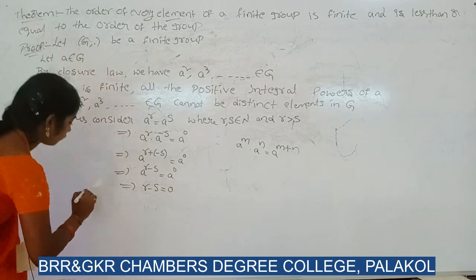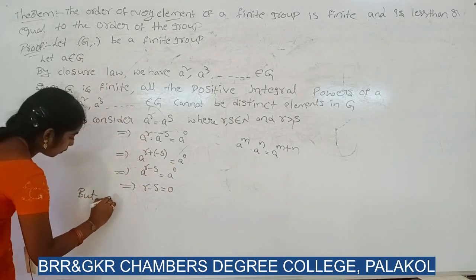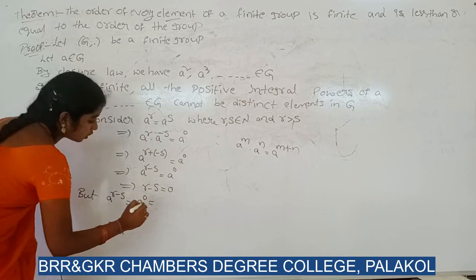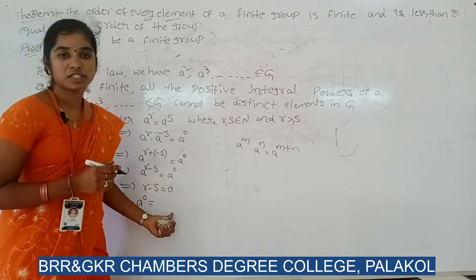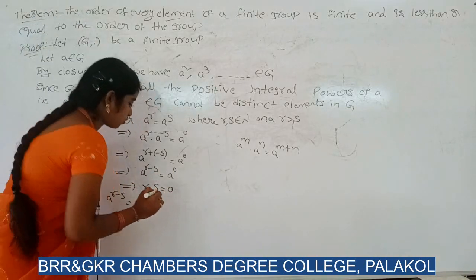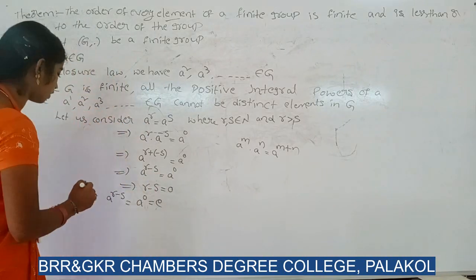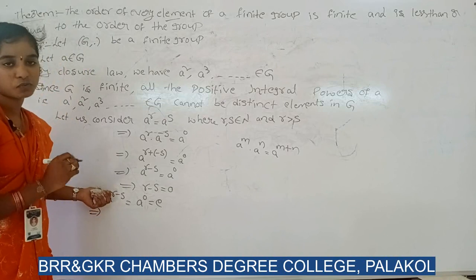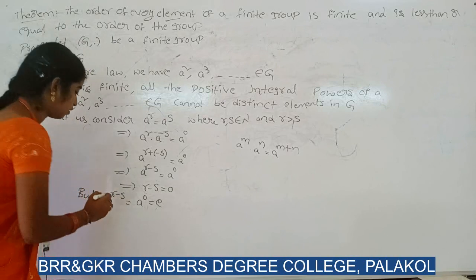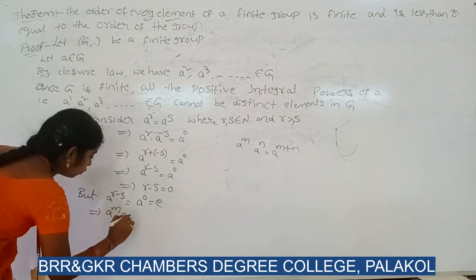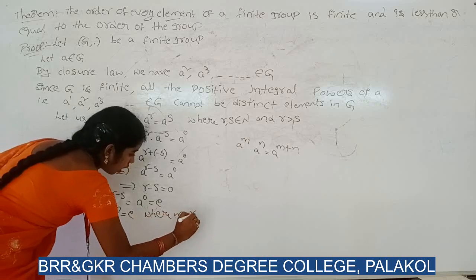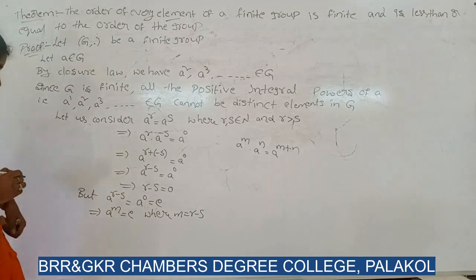But a power r minus s equal to a power 0. Already you know that by law of exponents a power 0 value is e, and e is the identity element. So put m equal to r minus s. So a power m equal to e, where m equal to r minus s.